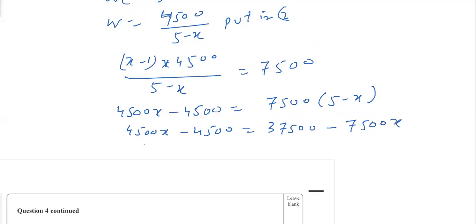Shift it to that side: 4500x plus 7500x will be equal to 37500 plus 4500.